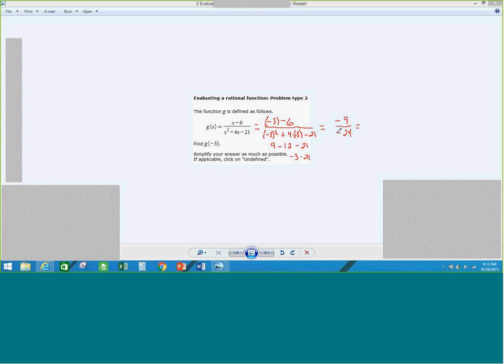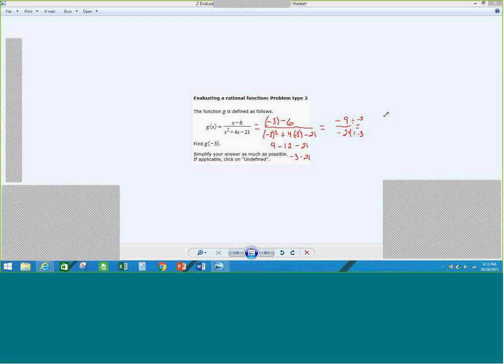Now, this answer can be simplified down. First, negative divided by negative is positive, so we're going to get a positive answer, but it looks to me that they're both divisible by 3. Yep, they are. So I'm going to divide both by a common factor of negative 3.